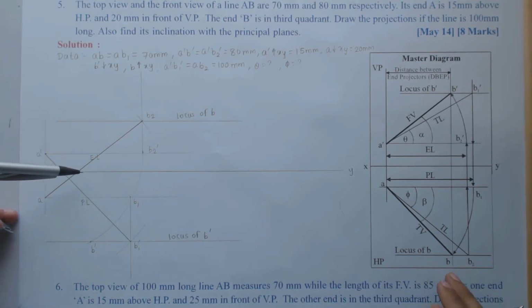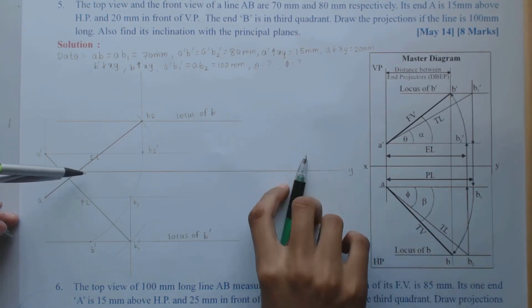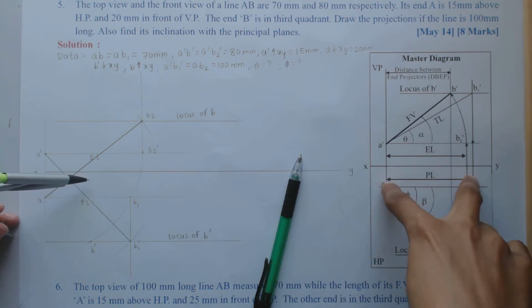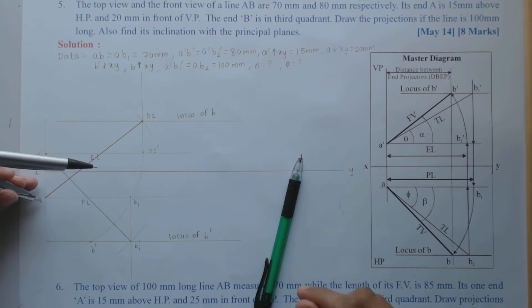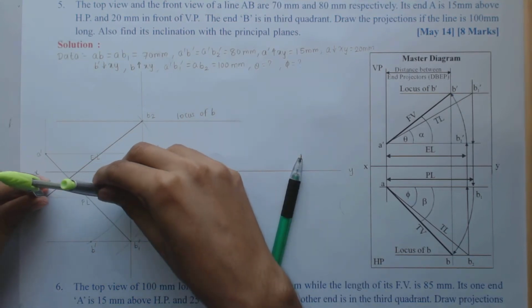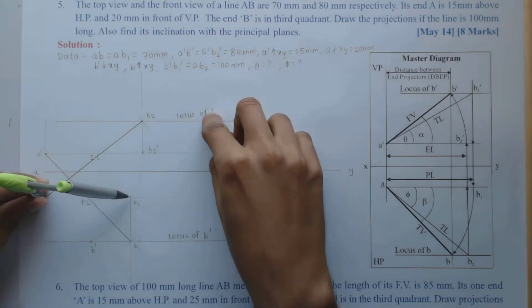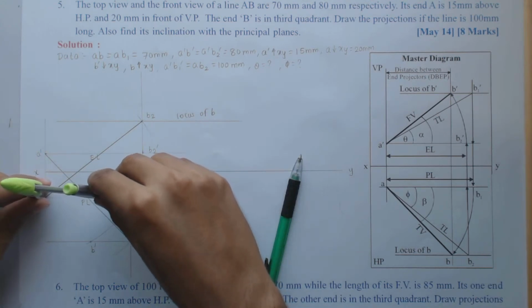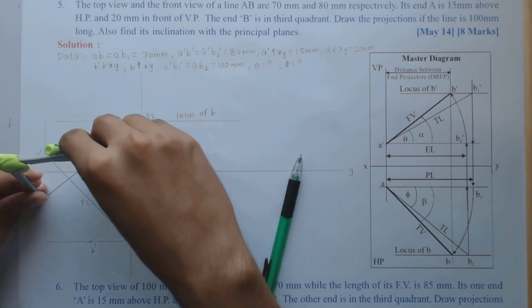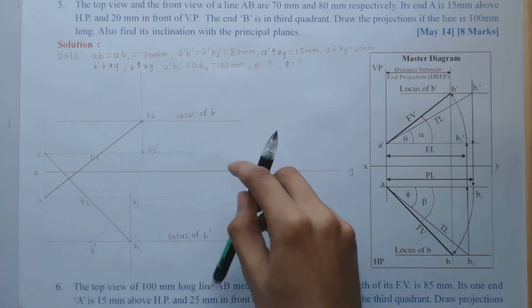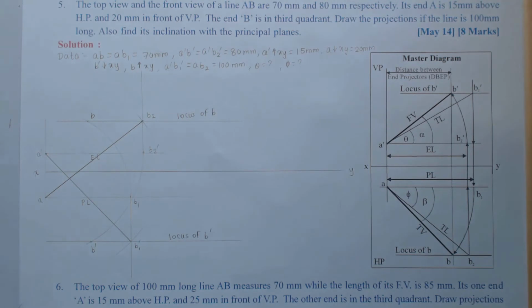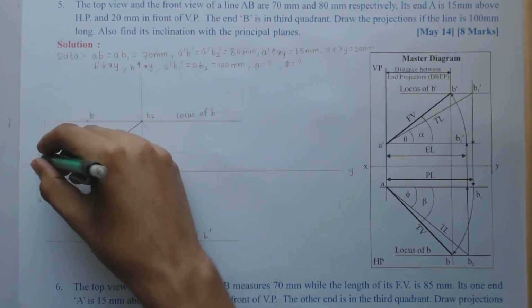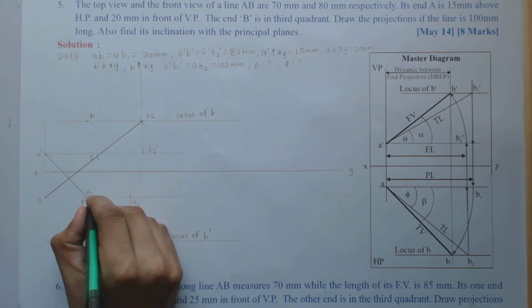Similarly, for getting B, I have to produce the plan length AB1 to cut locus of B. So I have already marked the plan length AB1 and we have already marked locus of B, which is here. So I need to produce that arc upwards up to locus of B. So here I am getting point B. So A dash B1 dash is the true length.